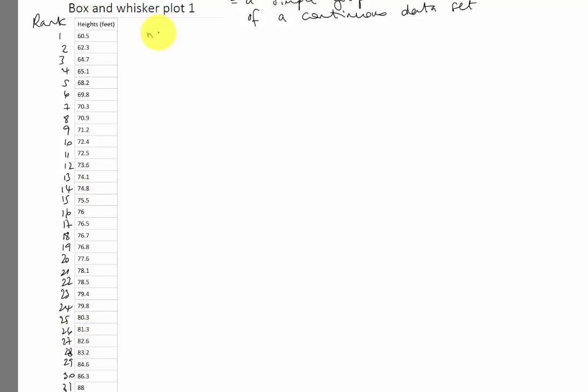So n equals 31. And we can work out the mean. We have to add those all up and then divide them by 31. So that's 2331.6 over 31, which is 75.2. And now we can start looking for the median.